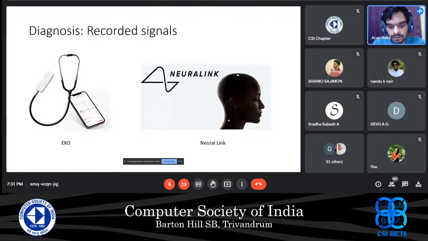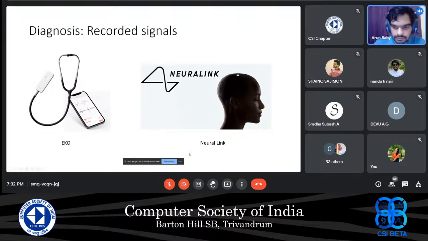It will record the heart sounds and lung sounds and share them to the app, which uses AI algorithms for detecting atrial fibrillation or some other heart diseases. Echo is an FDA approved device, and it is available for the common market, and it is one of the most used digital stethoscopes these days.